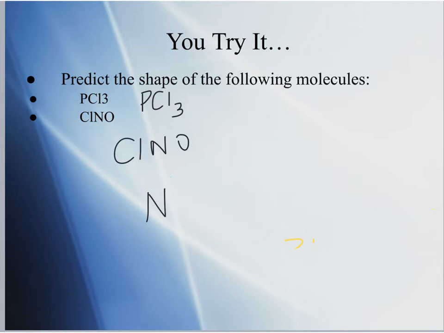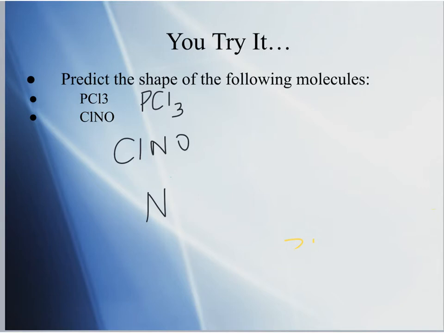Remember, if we look at the periodic table, on the very right-hand side are our nonmetals, and the noble gases are to the very right-hand side. They make no bonds. The column just to the left of them are the halogens, like chlorine, that make one bond because they just need one more valence electron to fill their shell.